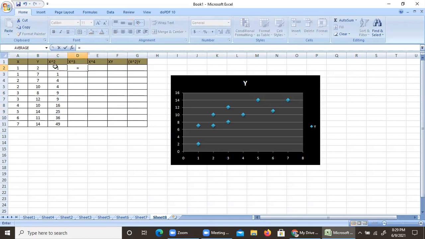This will be the cube of the x terms, that is x multiplied by x squared. This part will be the fourth power of the x terms, so x multiplied by x cube.